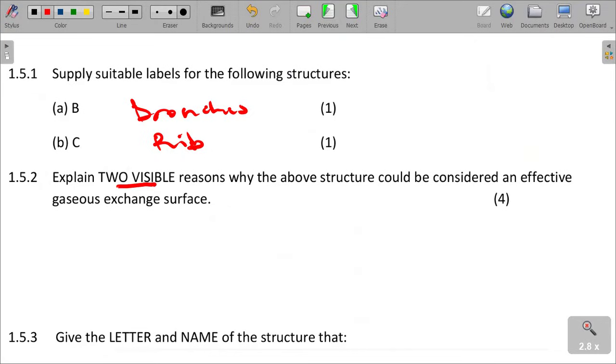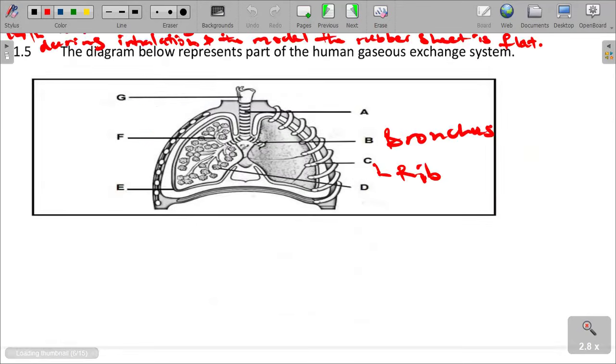One, we can talk about the presence of a double membrane which provides protection.